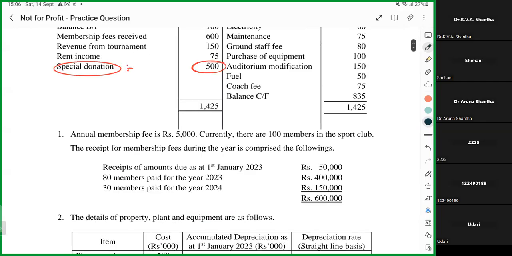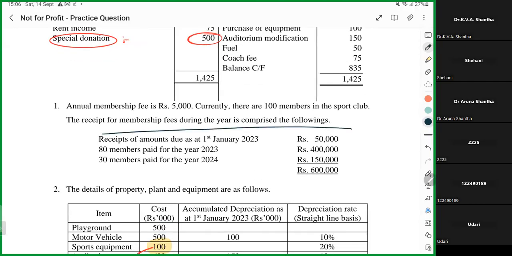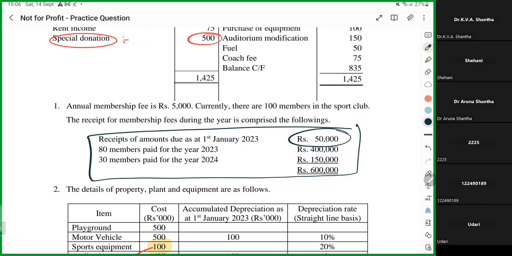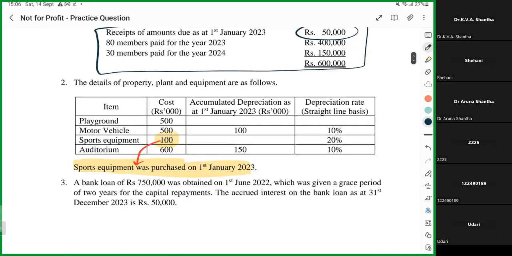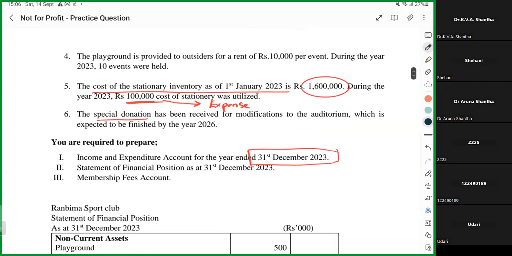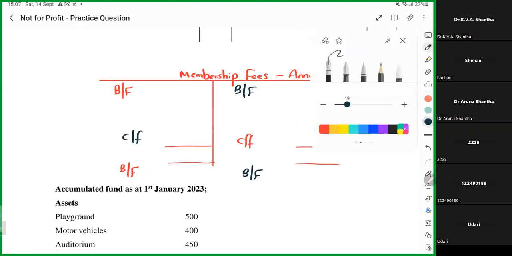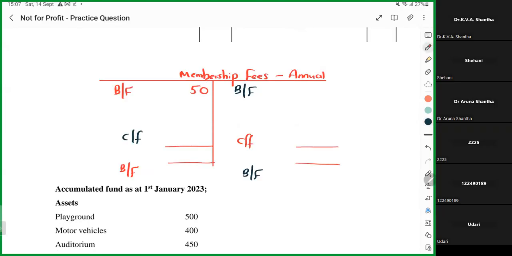You see the membership fees received. You receive 50,000 for an amount due on 1st January. So there would be a receivable balance of 50 on 1st January. During the year, you receive 50. For that you receive during the year.